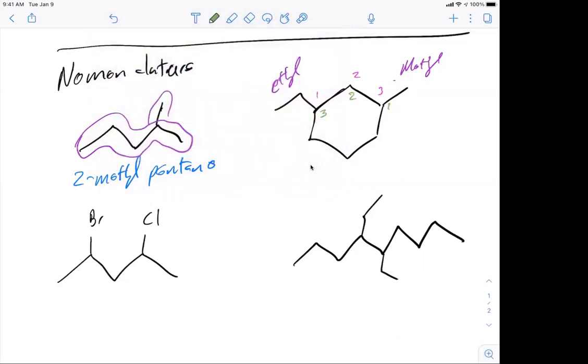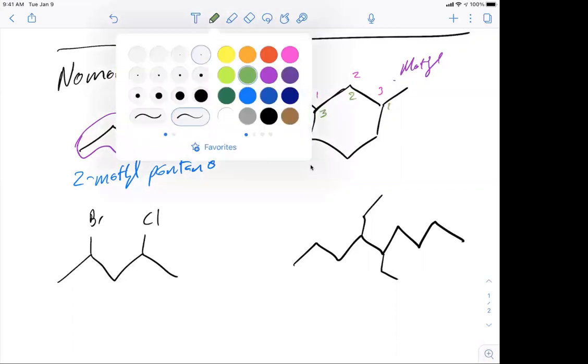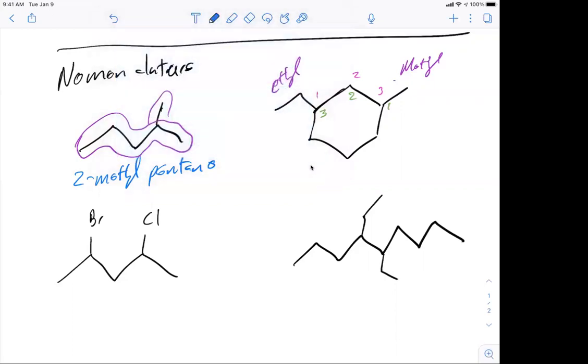So either way, they're going to be 1, 2, 3. So in this case, we're going to use the alphabetic, so the E comes before the M. So therefore, this is going to be 1-ethyl-3-methylcyclohexane.